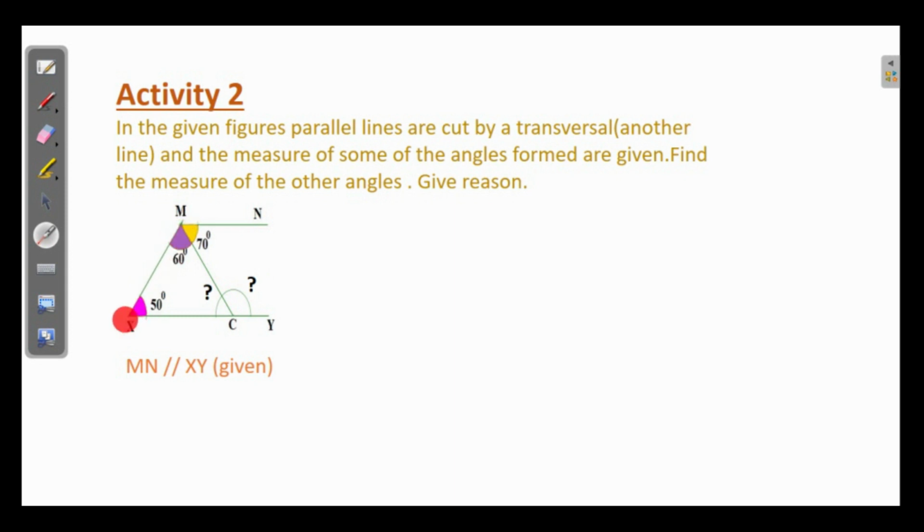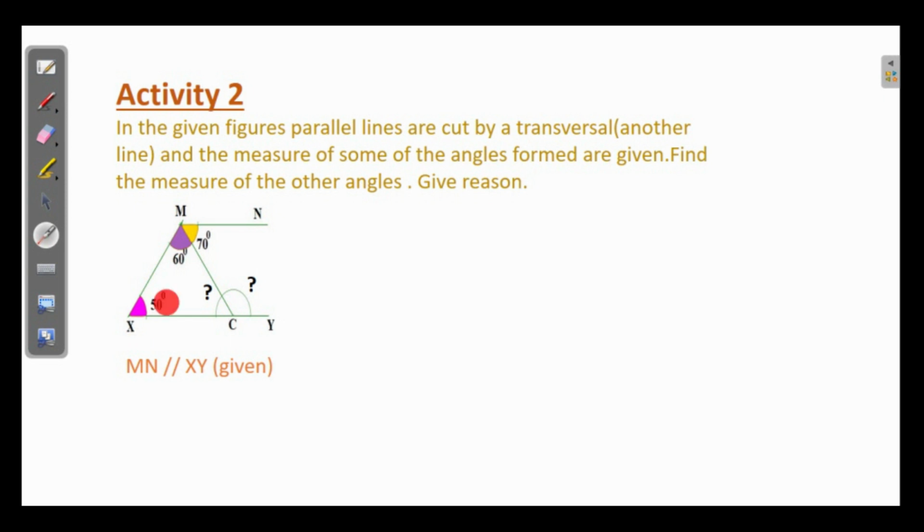Take this as the transversal and the transversal makes angle 50 degree with this parallel line and the angle formed by the transversal with the line MN is this large angle.